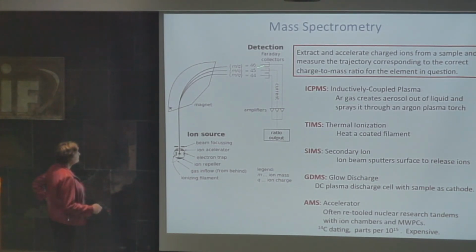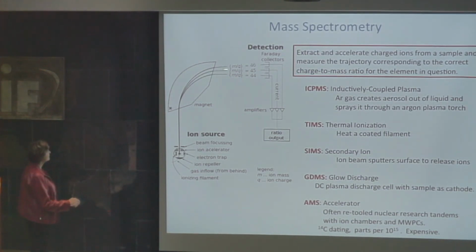Mass spectrometry, I promised I'd at least define all of these different kinds. Basically, you are just trying to tell the difference between the ions by moving them through a magnet, and then you see the mass-to-charge ratio being picked off by Faraday collectors, or Faraday cups here, and you measure the current from a variety of channels.